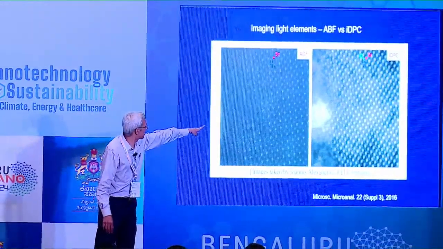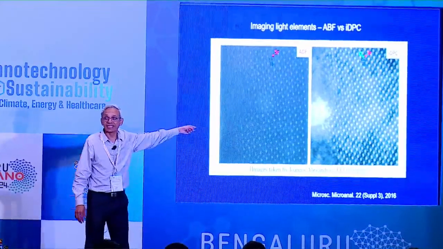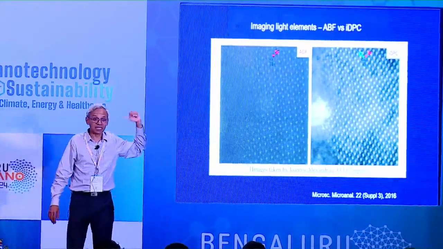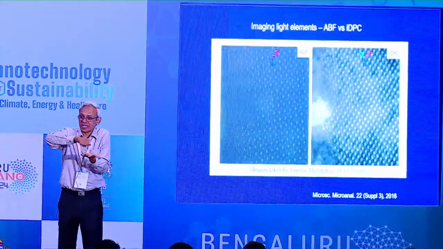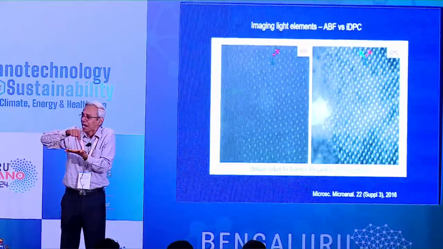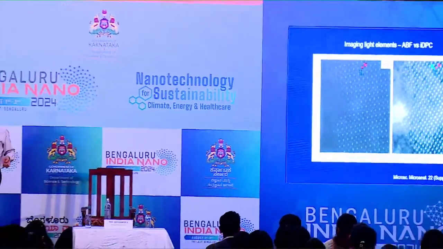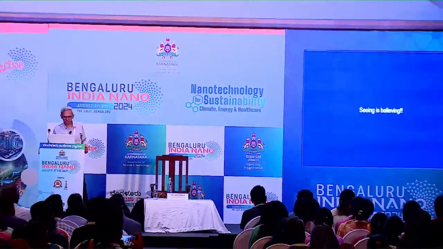In the right-hand image, you can see the smaller atoms, the small dots in between the squares, right? That is oxygen. You're able to see that in iDPC because now what you're measuring is how your electron diffraction pattern itself is shifting, the center of mass is shifting, and using that even lighter atomic number elements can be seen. Okay, I will skip these things.